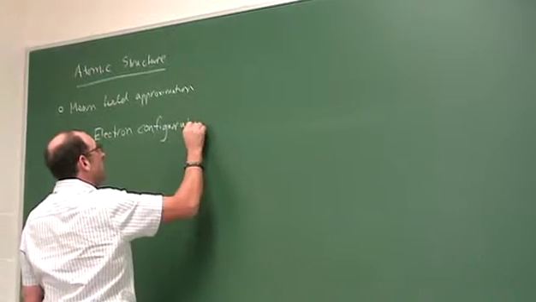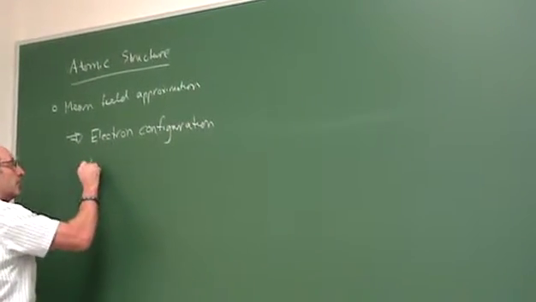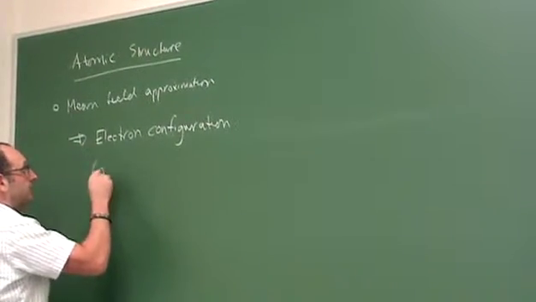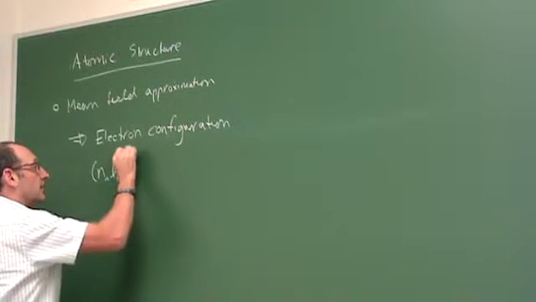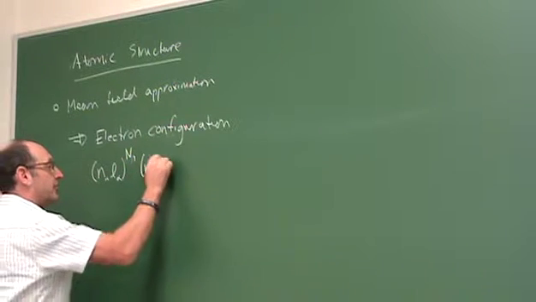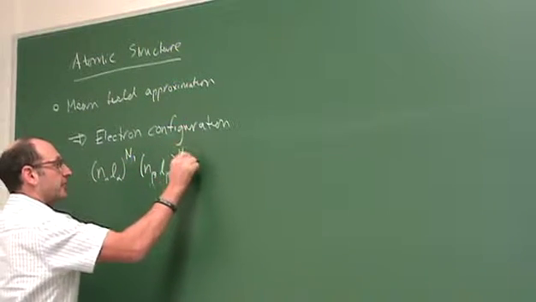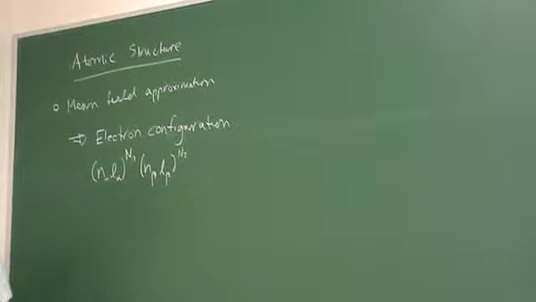In that electron configuration, we have some number of electrons in some orbital, and some electrons in some other orbital, etc., depending on the number of electrons, and those particular orbitals we found based on the Hartree-Fock approximation, which would give us some numerical equations for those radial wave functions.